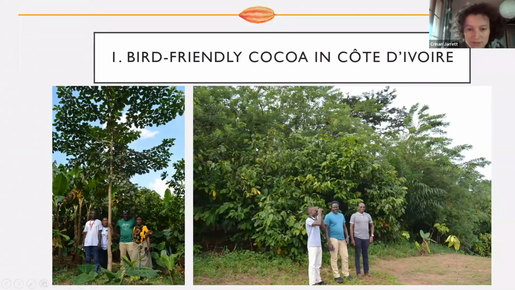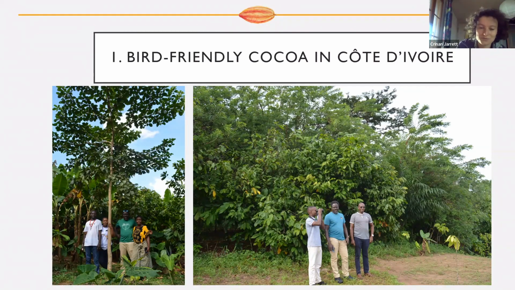The first project is in collaboration with several people who are present here today, including Professor Elier and other people. And this project is about developing a bird-friendly cocoa in Côte d'Ivoire. This project is a continuation of some of the work I did during my PhD, but really trying to focus on what we can do in cocoa farms in Côte d'Ivoire to make them better for birds.